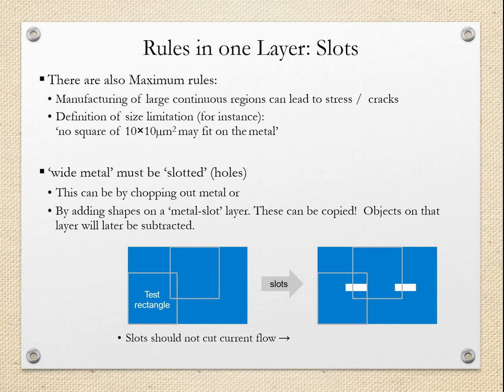This can be done by chopping out metal or by adding shapes on the metal slot layer, and these can be copied. Objects on that layer will later be subtracted. So such large metals should be avoided, so we can put slots. The slot should be put in such a way that it does not cut the current flow.